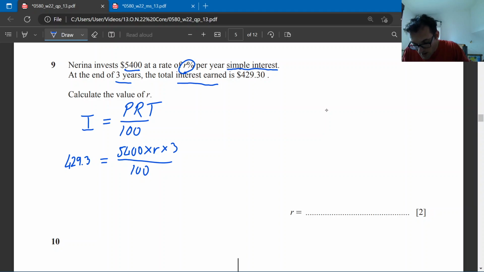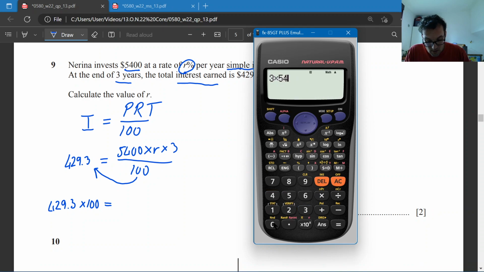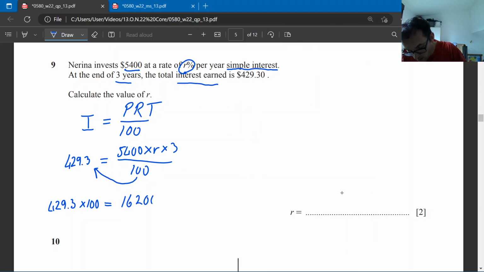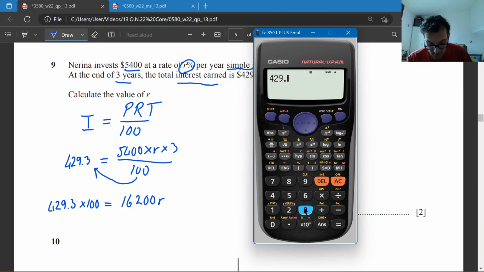Let's first, everything divided by 100, times both sides by 100. Okay, so that would be 429.3 times 100. And over here we can multiply the 3 and the 5,400. Gives us 16,200 times R. Okay, so the next step, let's multiply that 429.3 times 100.